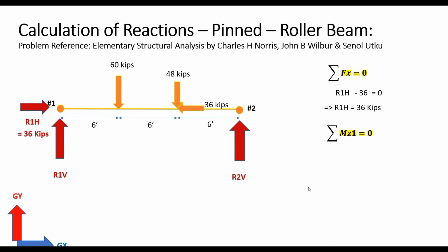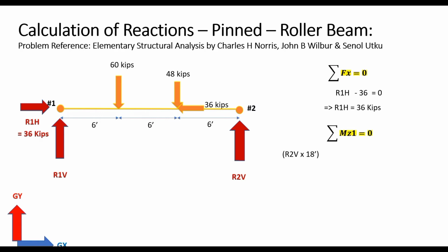The first moment that would be created about node number 1, about the global z-axis, would be by the reaction value R2V. Now here we have assumed that R2V is acting along the positive direction of the global y-axis.